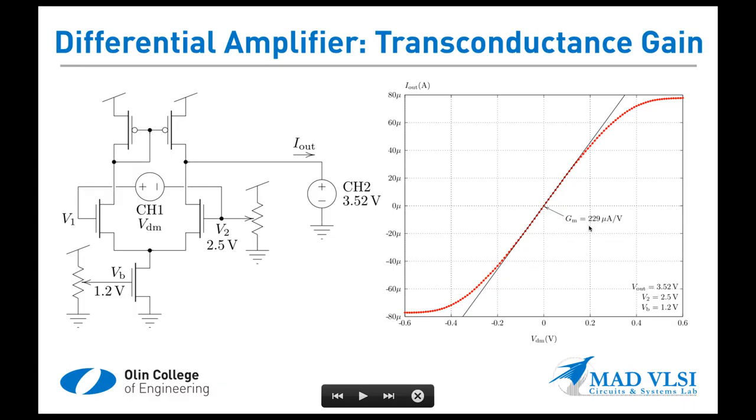Okay, so you can see that the product of GM times R out here is about 103. And so the direct slope of the tangent line to the voltage transfer characteristic was 106, and by GM times R out we get something in the neighborhood of 103. So again, we're off by about 3%, which is not bad.